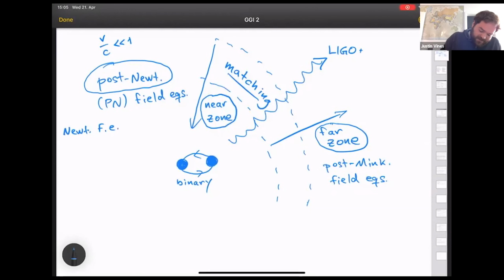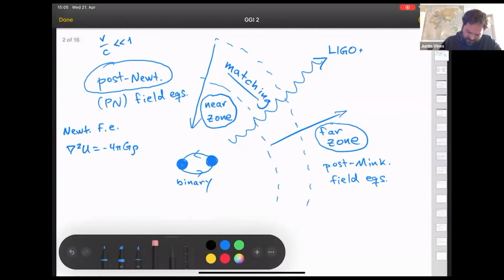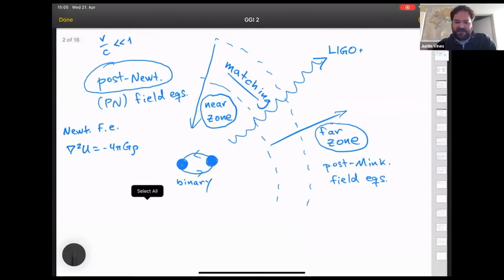Just recall, there's a Newtonian potential that I'll call U, and its Laplacian equals minus 4 pi G times the mass density. So that's, let's say, the Newtonian field equation for gravity. And we know very well that this is representing instantaneous action at a distance. The presence of mass generates gravitational field, but instantaneously at all points in space.